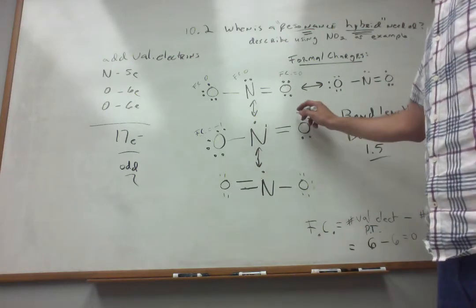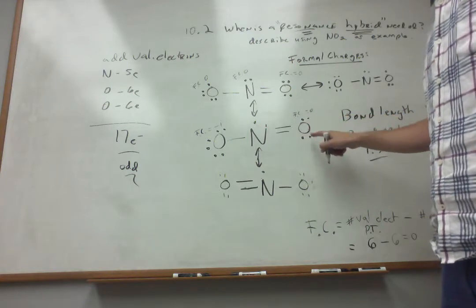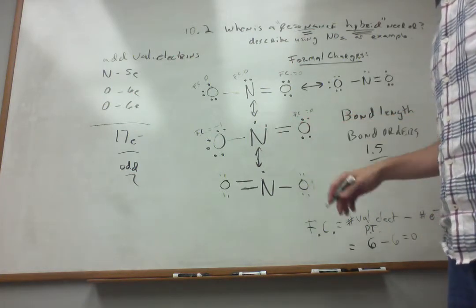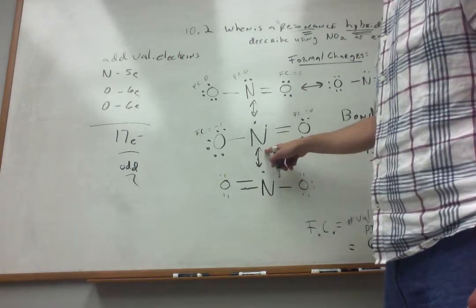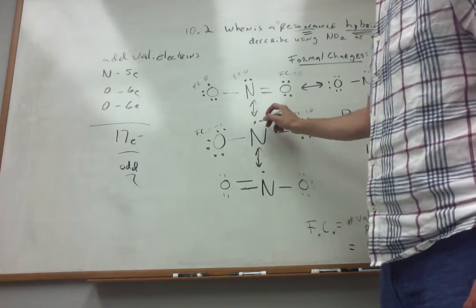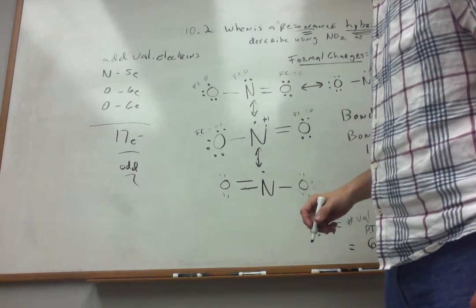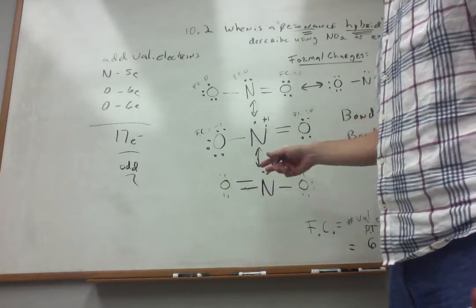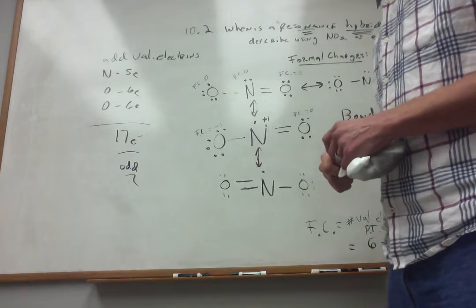If I do it over here, I think I get a formal charge of 0, because 1, 2, 3, 4, 5, 6, that's what's assigned on the periodic table, so no big deal. What about this central nitrogen? I have to do 5 minus something. It looks like 5 minus 1, 2, 3, 4. So 5 minus 4 is plus 1 formal charge. So I've got a minus 1 and a plus 1. It still sums to 0, which has to be the case because it's a neutral molecule.